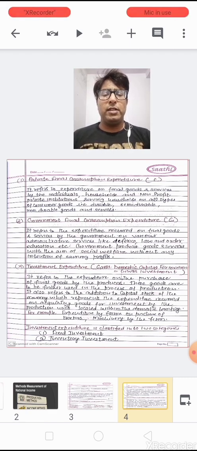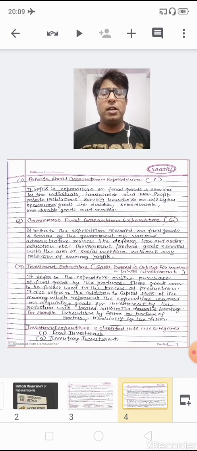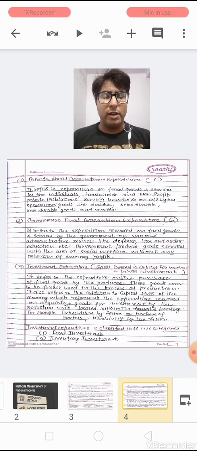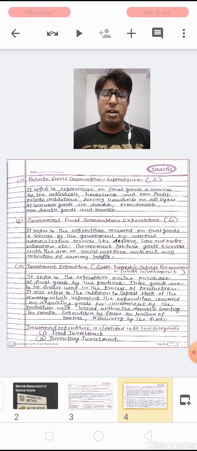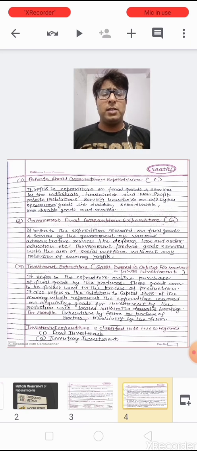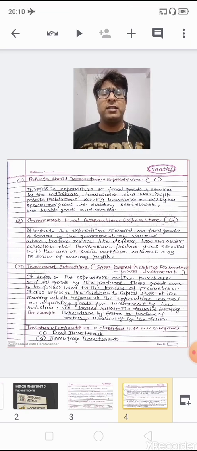Government produces various goods and services with the aim of social welfare without any intention of earning profits. I mean, the government makes its own consumption expenditure for the safety as well as the security of the people living in a country.